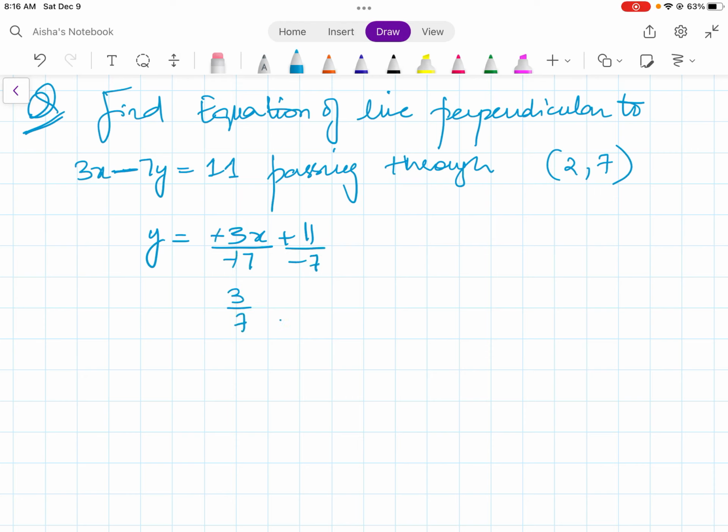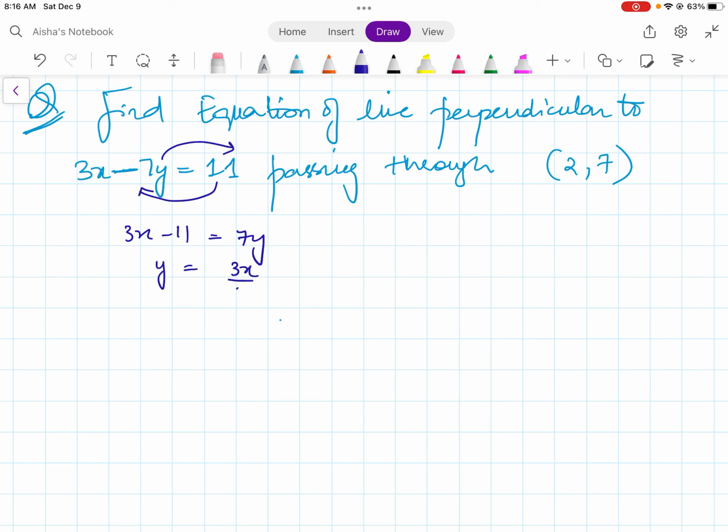This 3/7 is done. Actually, my bad, I should have made it the subject the other way around. I'll just redo it. I will move this here and this here. So then y equals 3x/7. My gradient is 3/7. Negative reciprocal, it becomes minus 7/3.